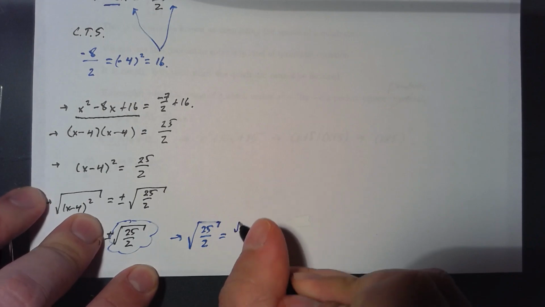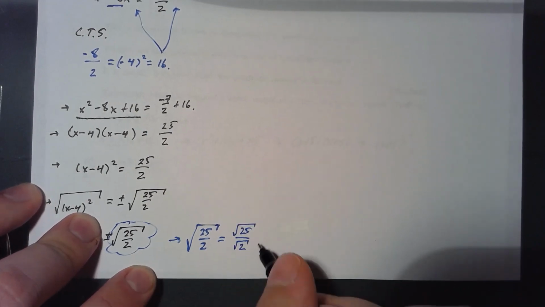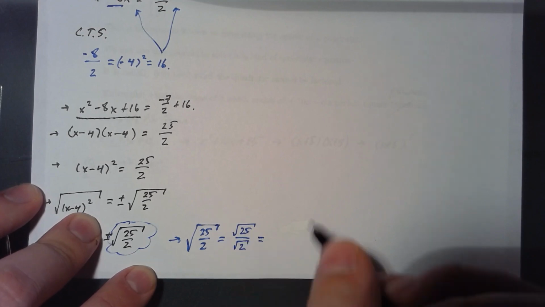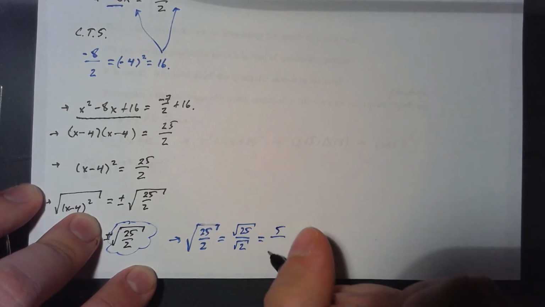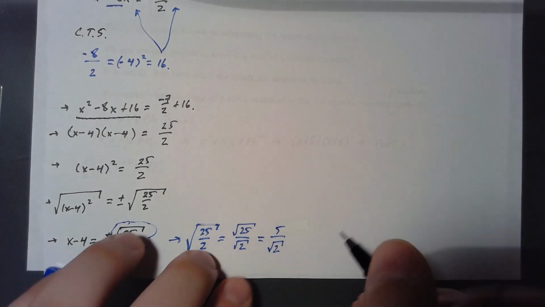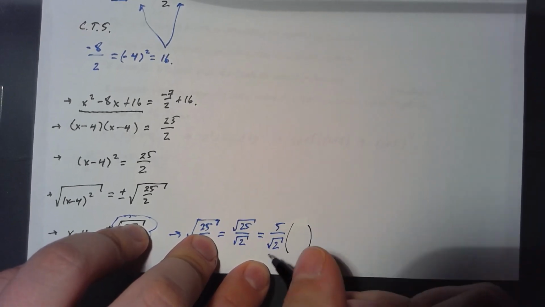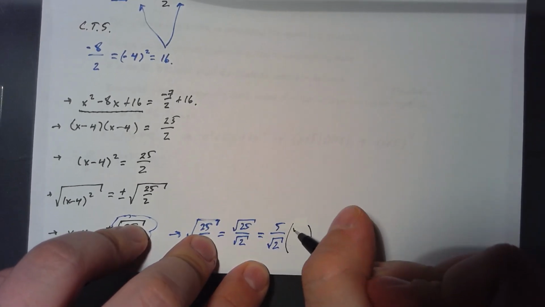So I could write this as root 25 over root 2. Well, what is the square root of 25? 5. And then I have root 2. Oh, but wait a second. I can't have square roots in the denominator. So what do I have to do? I have to rationalize the denominator. How do I do that? You multiply the top and bottom of the fraction by the square root itself.